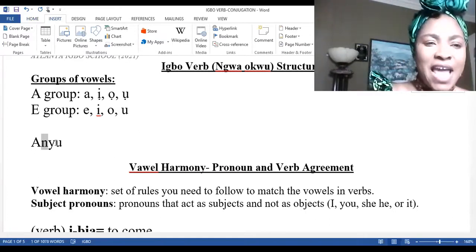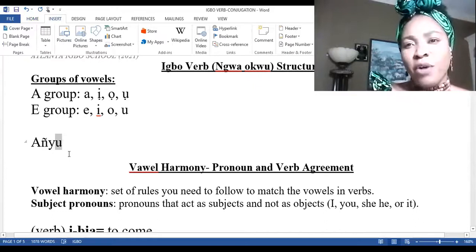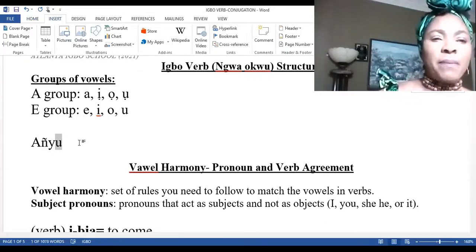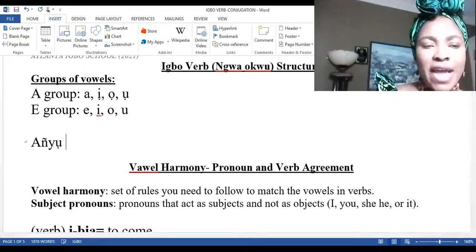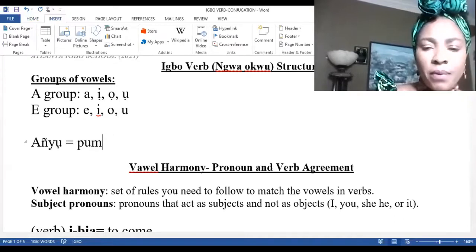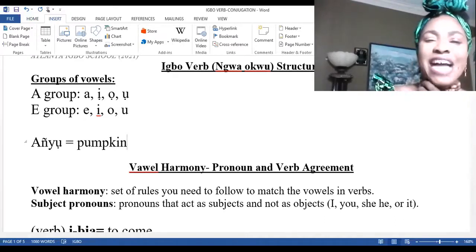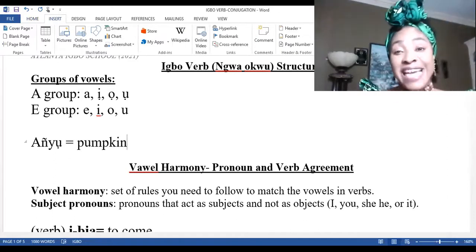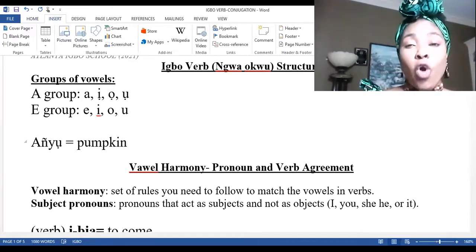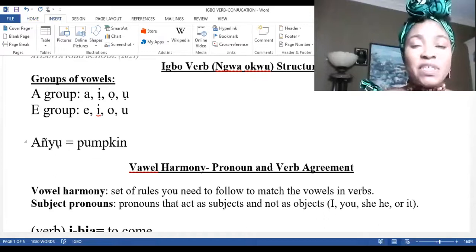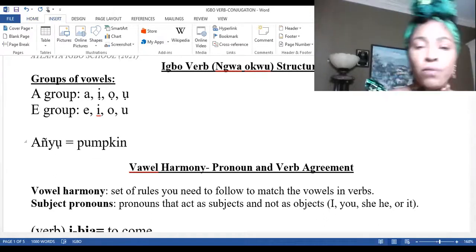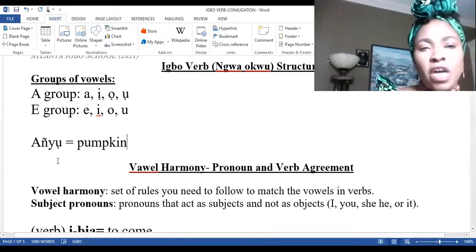That's how you say it. That's pumpkin or squash. And then we have pumpkin leaves. The pumpkin leaves are called ogu. Okay, that's what it's called.